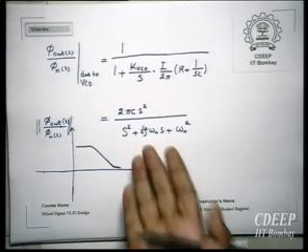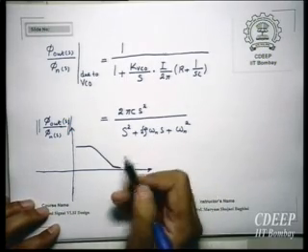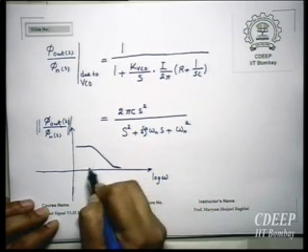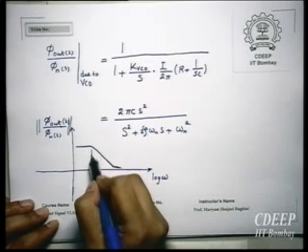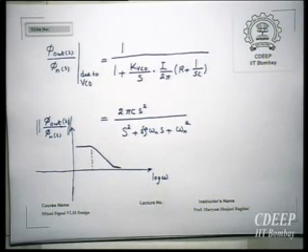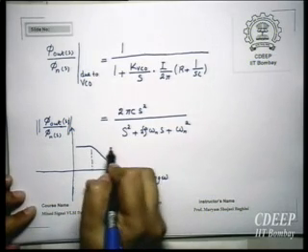Here again it is similar, however now it is a high pass transfer function, so this will be the corner of the high pass transfer function.